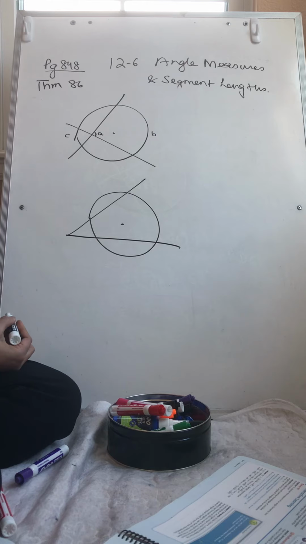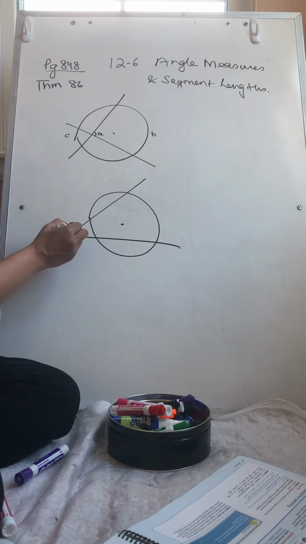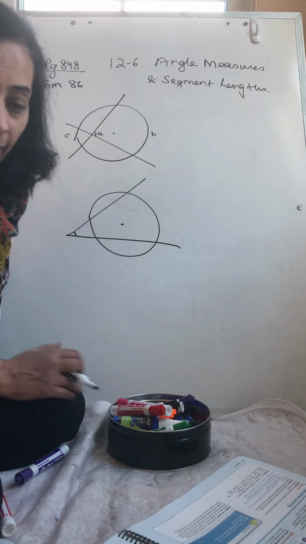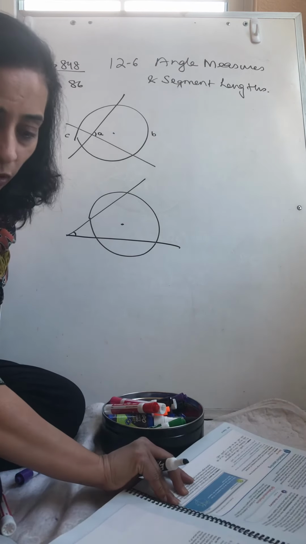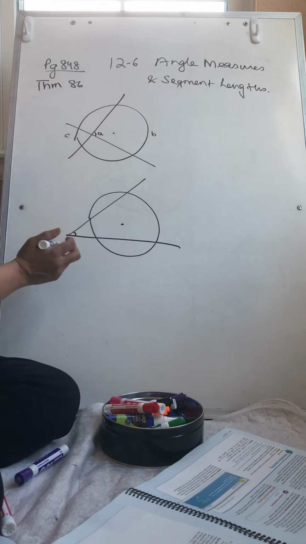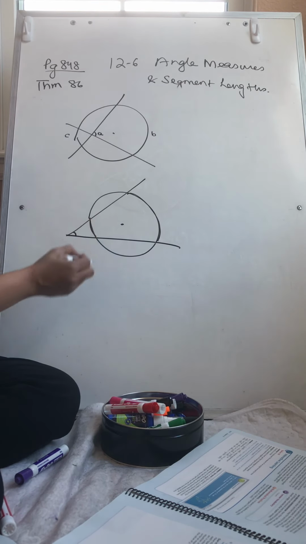So in this case, these are my lines, they are intersecting outside the circle. In this case, which are the two arcs which are intercepted? This is one arc and this is another arc.